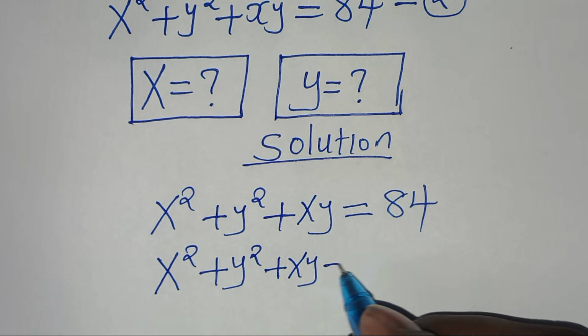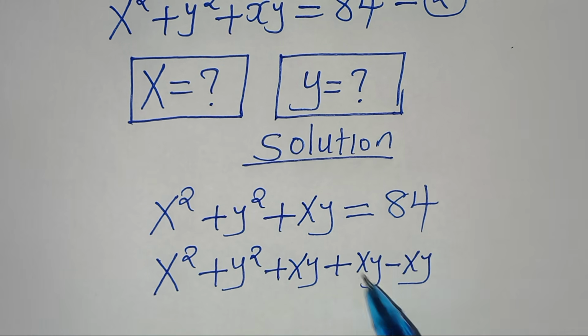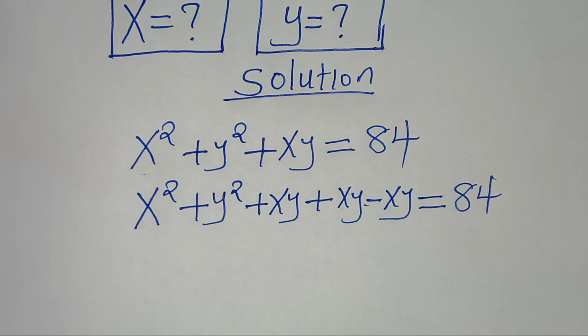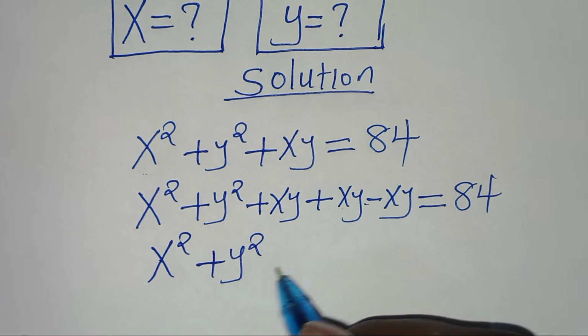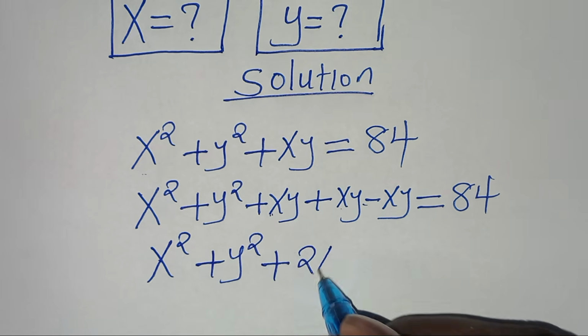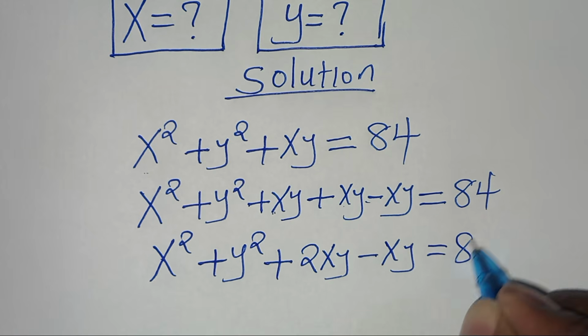Now let's introduce xy, subtract xy. xy minus xy is the same thing as 0, so we have not altered the equation here. This is equal to 84. So we have x to the power of 2 plus y to the power of 2 plus xy plus xy, which is 2xy, minus xy. This is equal to 84.